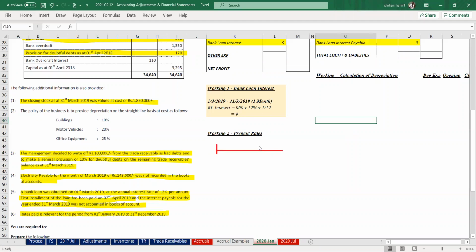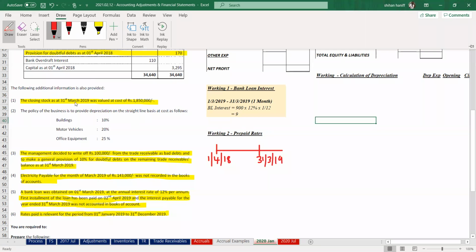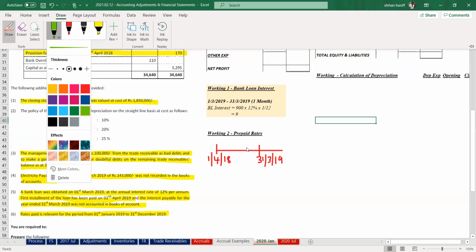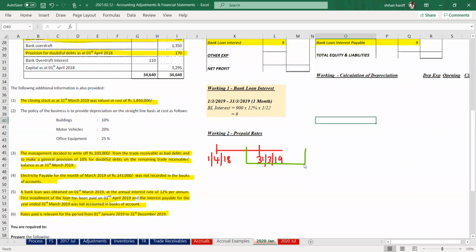If you draw the timeline, our financial year starts from 1st April 2018, year end is 31st March 2019, and this rate was paid for the year ended 31st December 2019.